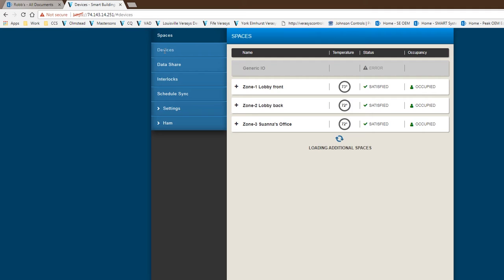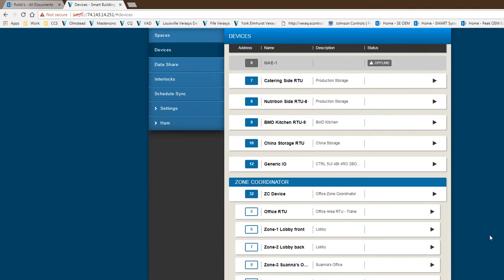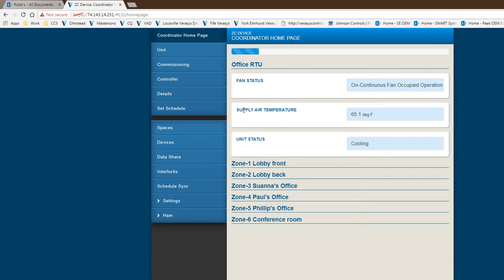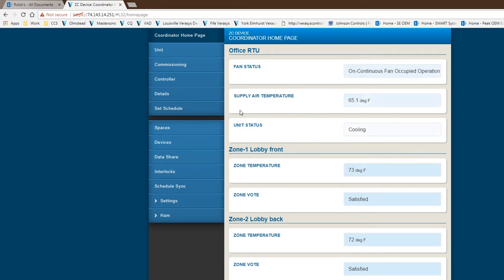Alright, this is a real site that I just tied into. There's the zone coordinator, and these are the offices that are tied into this particular zone coordinator. I'm going to click on that zone coordinator, and again from the highest level you will see what the fan is doing.